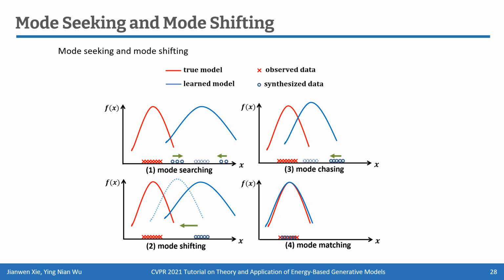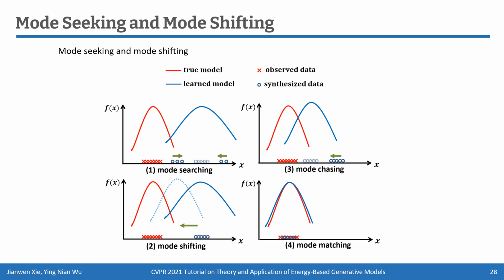The red crosses indicate observed data, and the blue circles indicate the synthesized data. Figure 1 is the mode searching by Langevin dynamics, which finds high-score modes in the landscape of the model, and places the synthesized examples around the found modes.